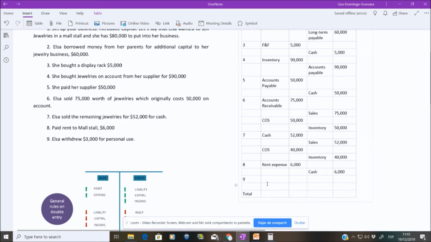And last, we have Elsa withdrew 3,000 for personal use. So we will debit Elsa drawing of 3,000 and credit cash of 3,000.